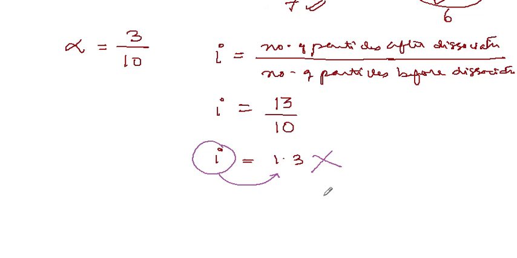If we are getting the Vant Hoff factor as 2, that means the concentration has increased by 2 times. And if we are getting it as 1.3, then the concentration has increased by 1.3 times. If we are getting it as half, then the concentration has changed by 1 by 2 times, which means the concentration has decreased.